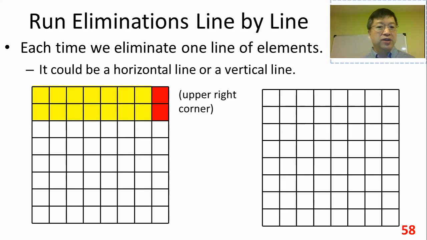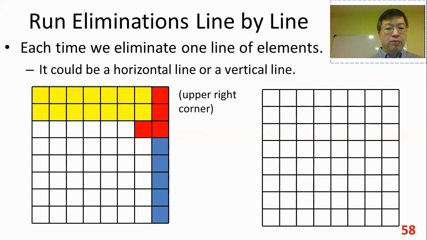So here, suppose another horizontal line is eliminated. Okay. All right. So the next step, still the upper right corner element, and this time another comparison, less or greater, random selection. Let's select a vertical line. Okay, so the current vertical line is eliminated.